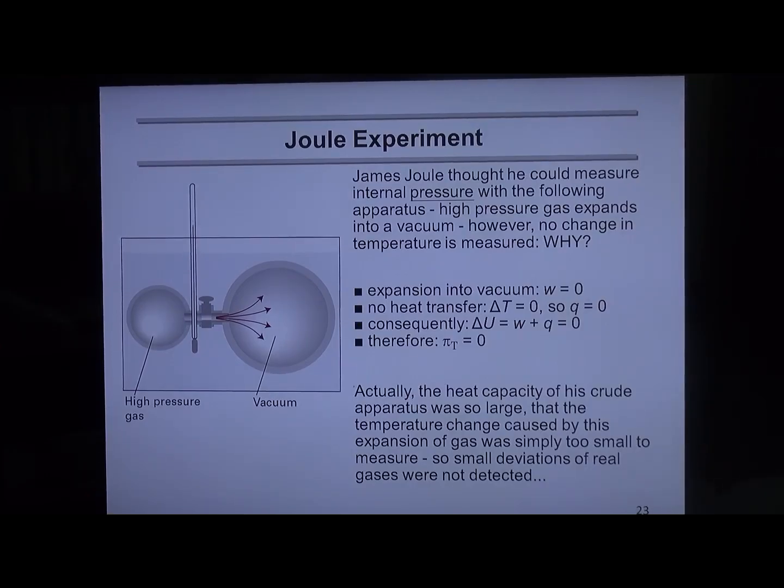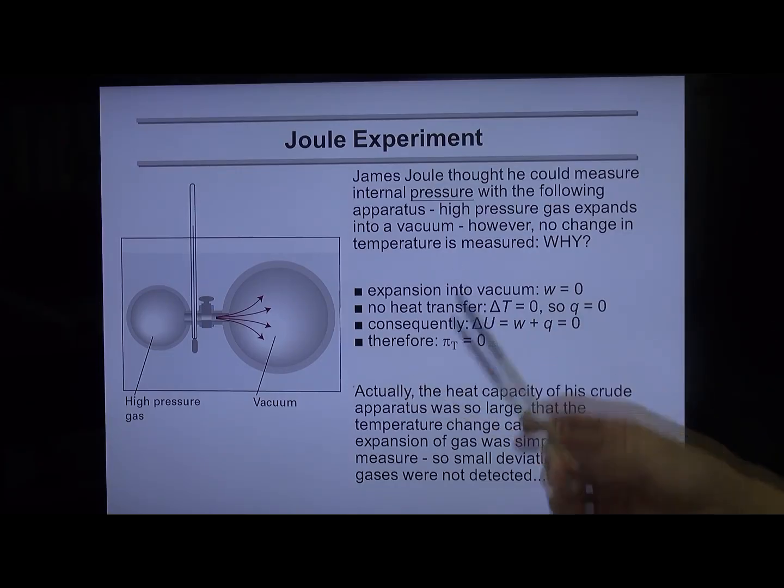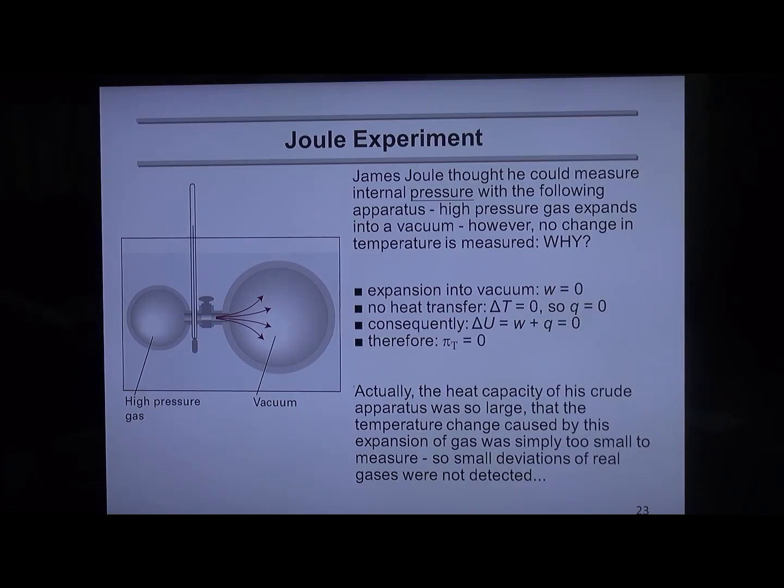Joule tried to measure this internal pressure by doing some experiment. How? So here shows the experiment that Joule thought about, and by doing this experiment, Joule tried to determine this internal pressure. Let's first introduce this experiment.